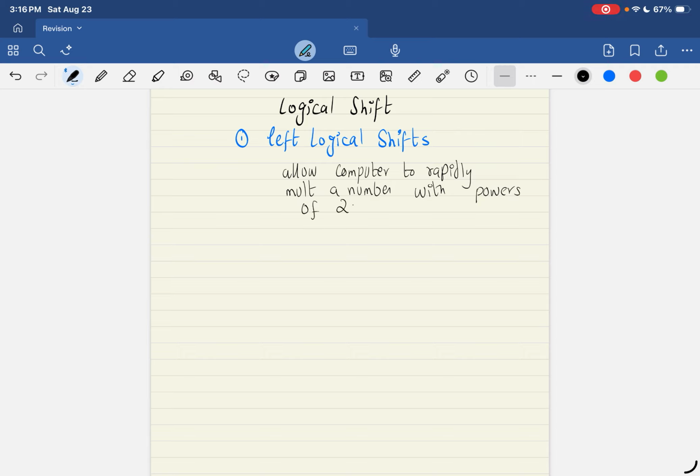Okay, so think of all the powers of 2. This means that by using logical shift you can multiply a number with 2, with 4, with 8, right? These are all powers of 2, right? So you can multiply any number with any power of 2 using left logical shift.